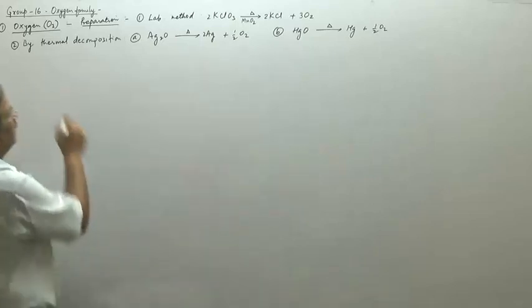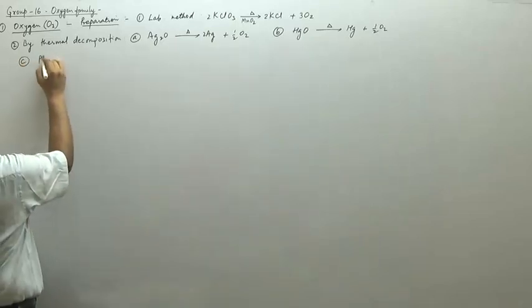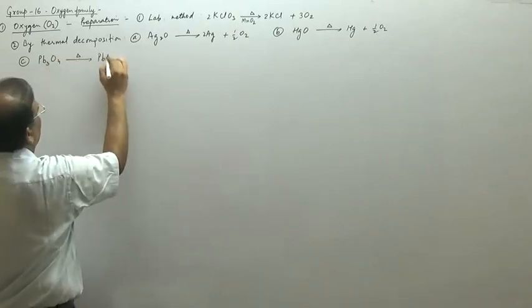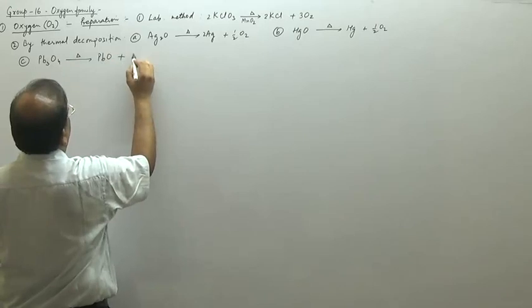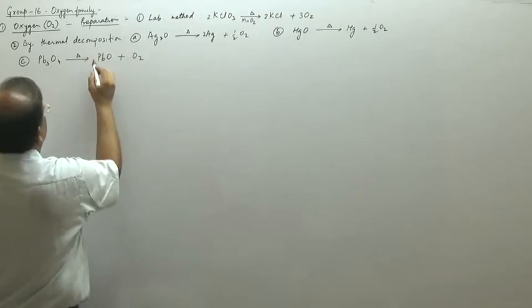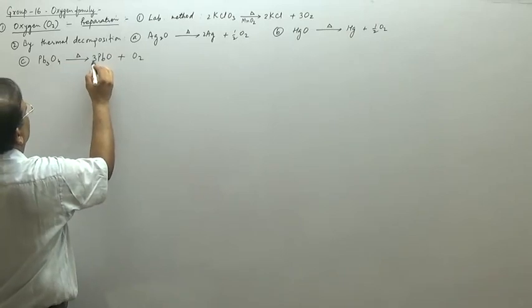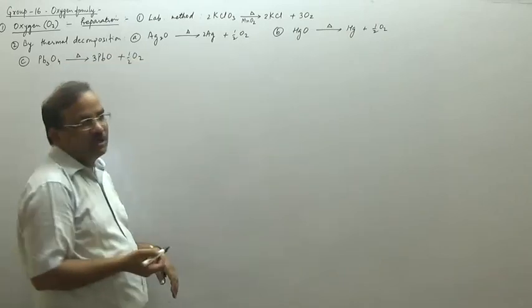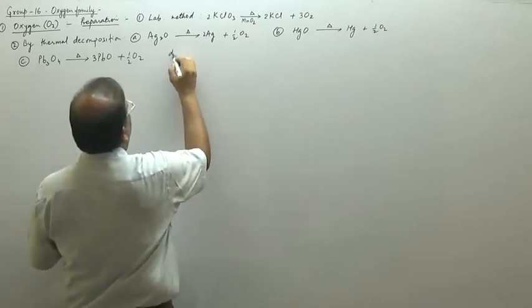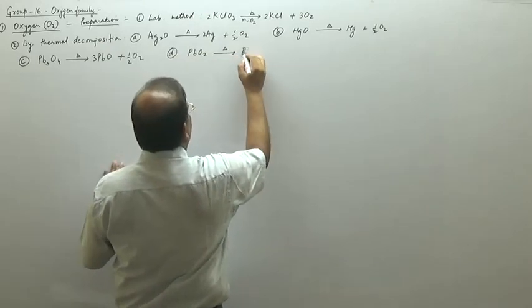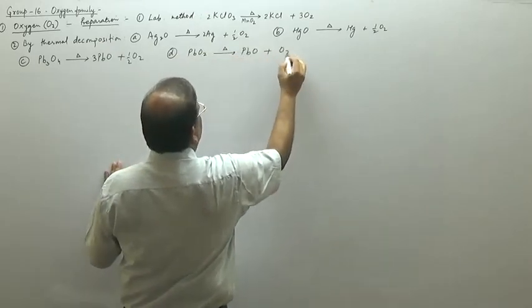When Pb3O4 is heated, it gets converted into 3PbO, and O2 is liberated in the reaction. Even if it is PbO2, it also gets decomposed into PbO plus half O2.